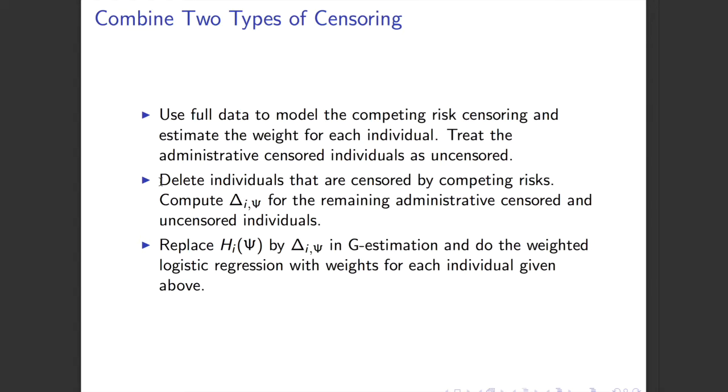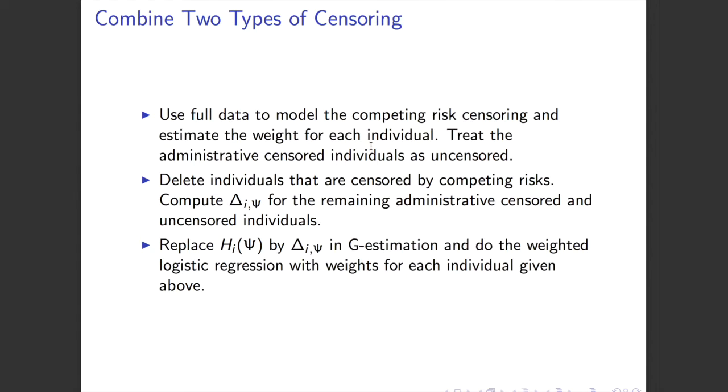Second, we delete individuals that are censored by the competing risks, and what we're left with is only uncensored and administratively censored individuals. For those individuals, we could compute this delta psi, as we mentioned before. Then we fit a weighted logistic regression. We replace this H psi by this delta psi in the G estimation and do weighted logistic regression with weights for each individual given in the first step.